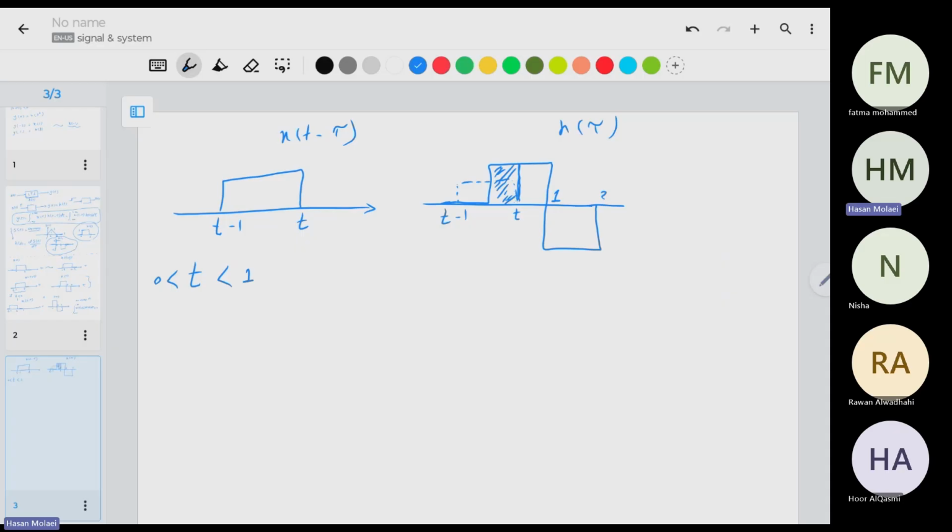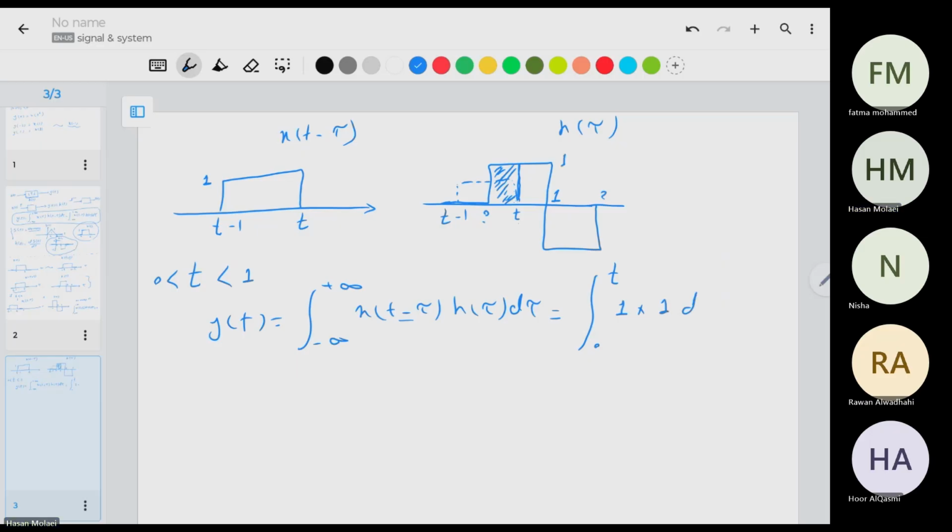How much is this area? If you want, you can write the integral of h(t minus tau) h(tau) d tau. Their overlap is from 0 to t, so this should be 0 to t. How much is x(t minus tau)? Its amplitude is 1. How much is the amplitude of h?